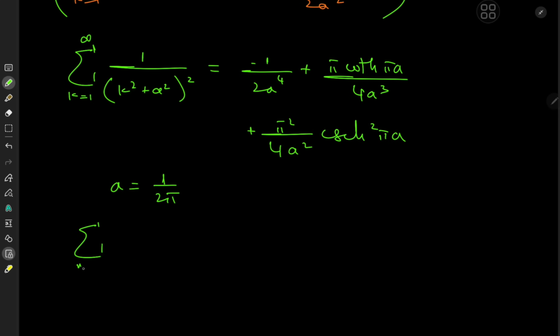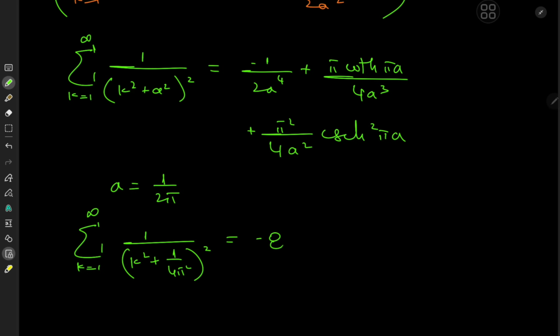So we have the sum over k from 1 to infinity, 1 over k squared plus 1 over 4 pi squared equal to, 4th power multiplied by 2, reciprocate the whole thing.